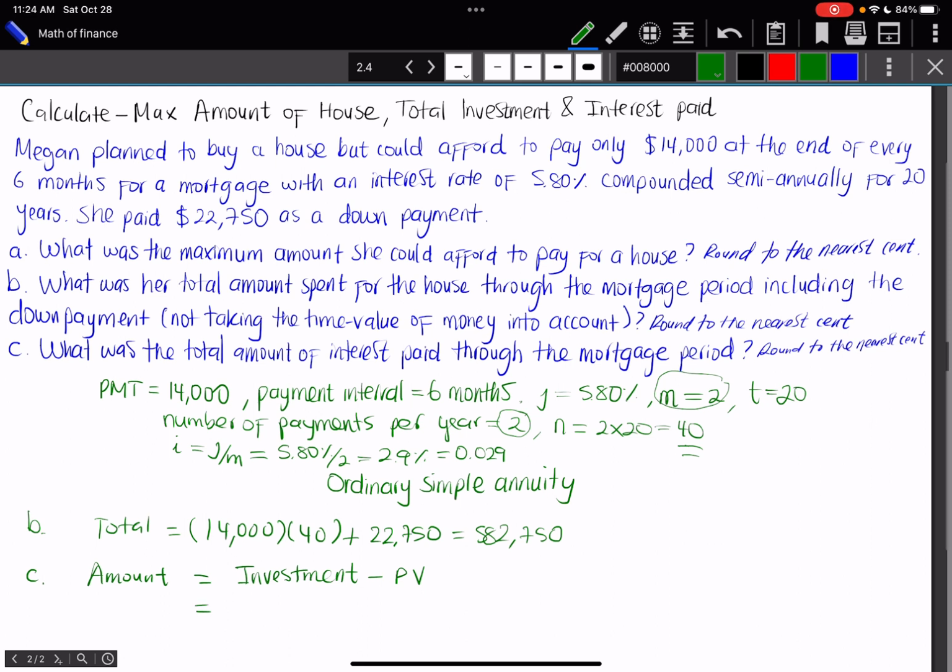So we have the investment, and that's $582,750, the total amount spent for the house through the mortgage period.